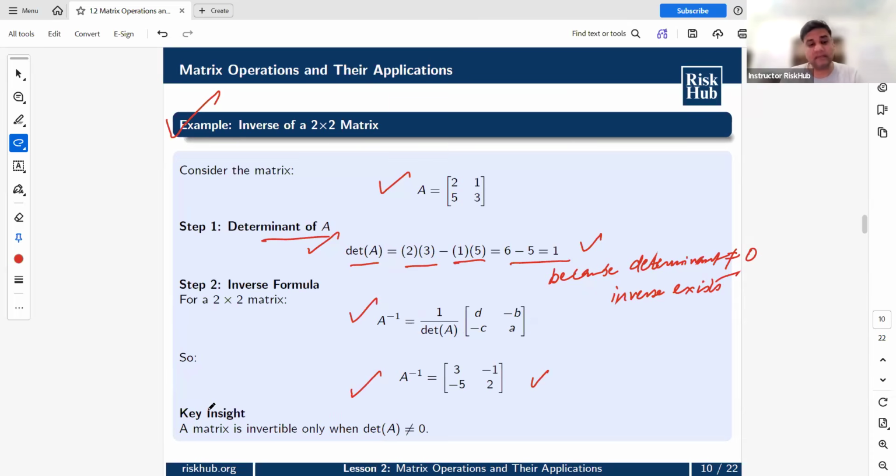So the key idea here which we need to understand is that the determinant measures your invertibility. Determinant measures your stability. Determinant measures your information richness. If the determinant approaches 0, the system becomes kind of unstable. In finance, this often means assets becoming collinear, diversification disappearing, right?